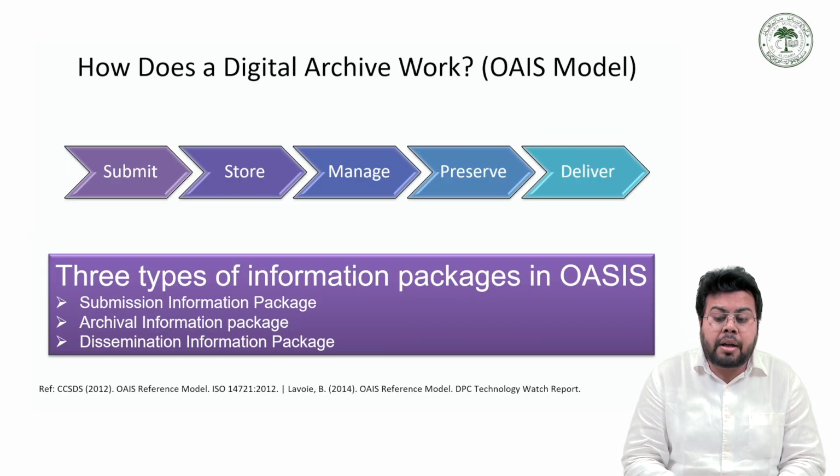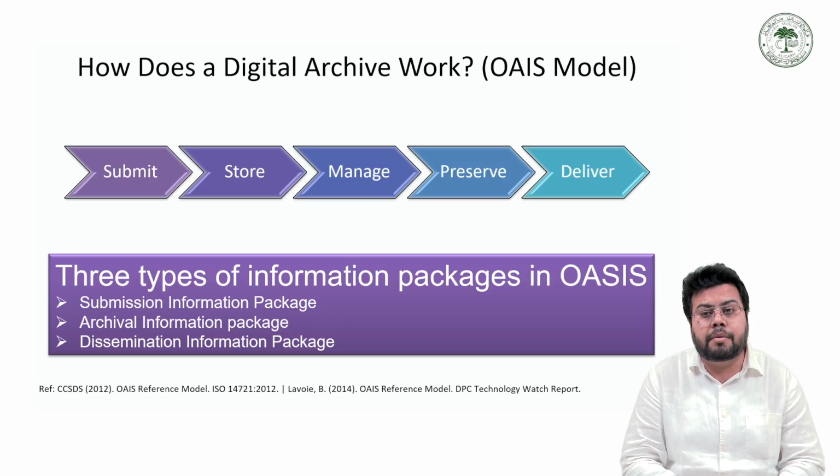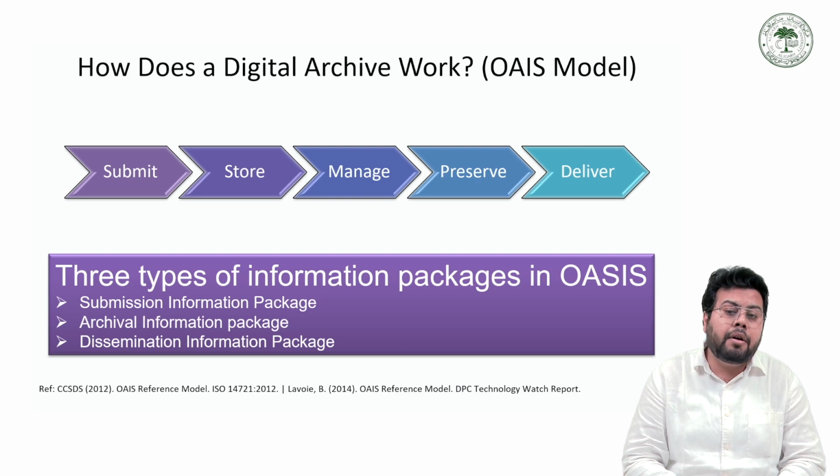Now, how does a digital archive work? Like we have OAIS, the Open Archival Information System. Now, this particular OAIS model is a reference framework for the long-term preservation and access of digital information.